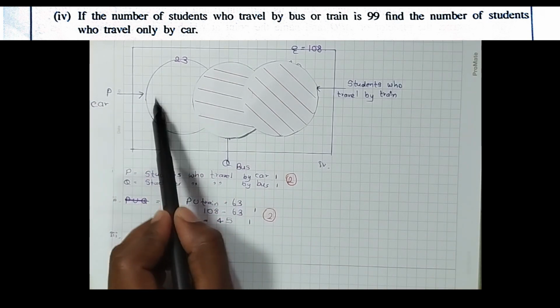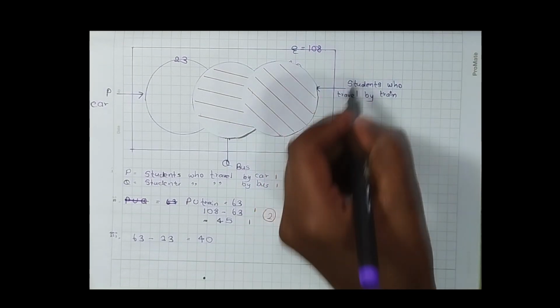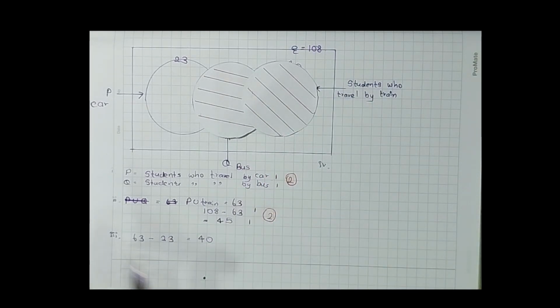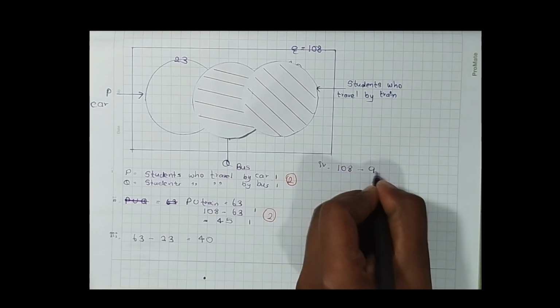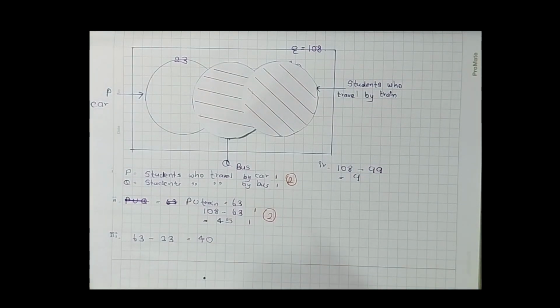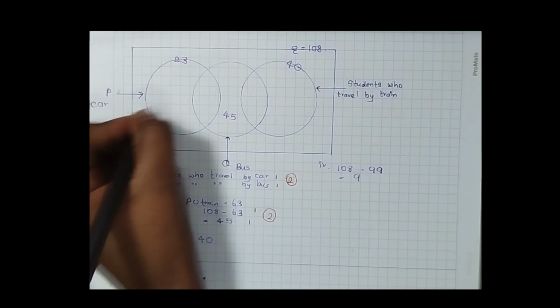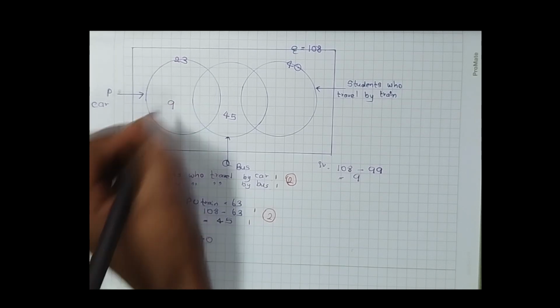We have to find the value of this region. We can subtract it from the total number of students. 108 minus 99, you will get 9 students. 9 students use only car.